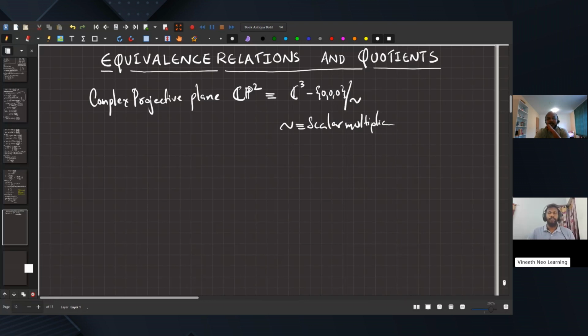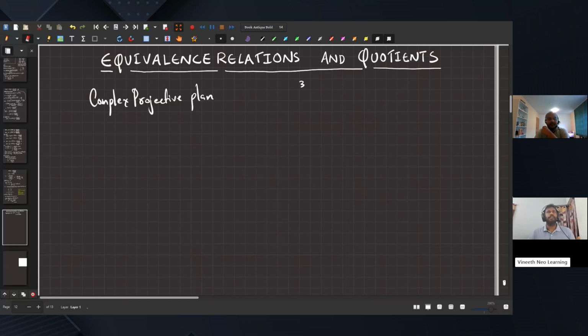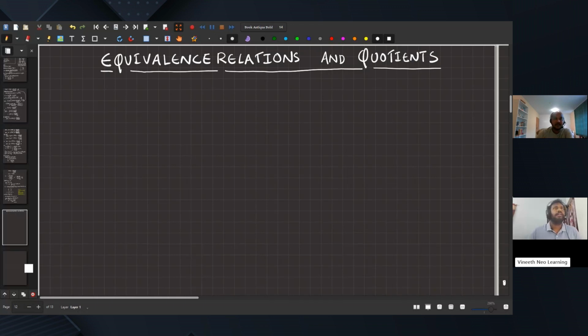Also, homology is a quotient. Cohomology is a quotient. Many quotient groups and many quotient fields. Many ideas in mathematics are quotients, so this concept is very important. In order to study quotients, we need to understand equivalence relations.